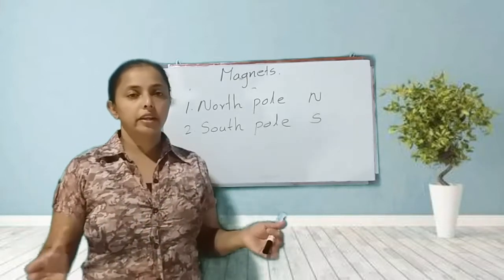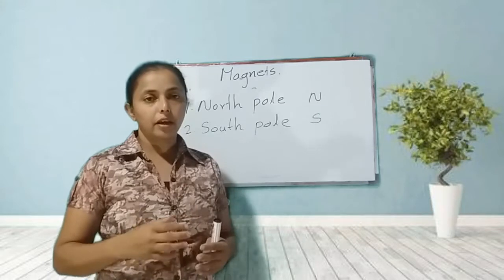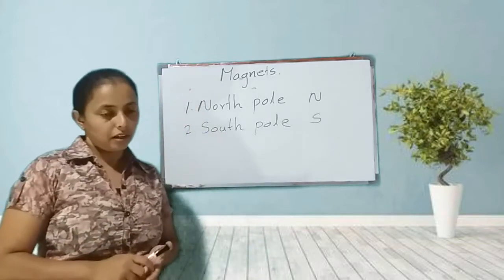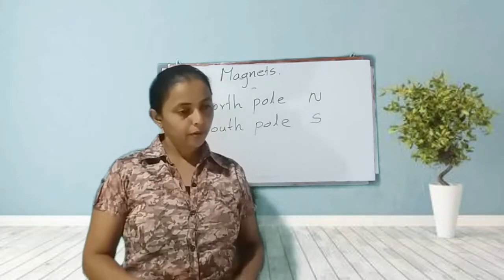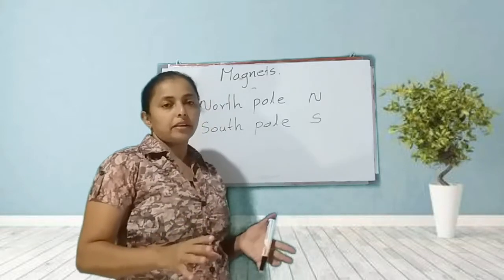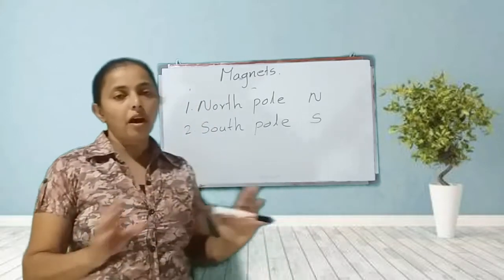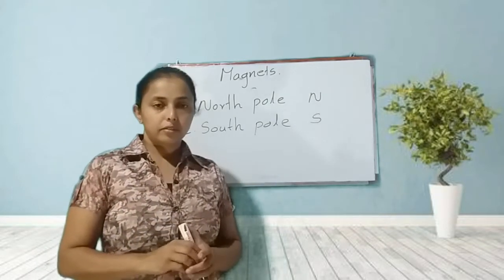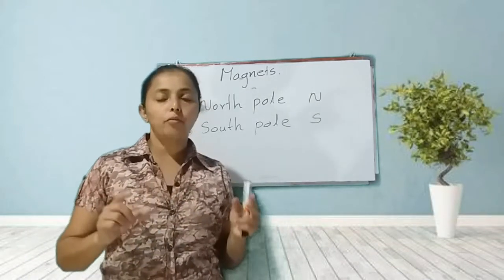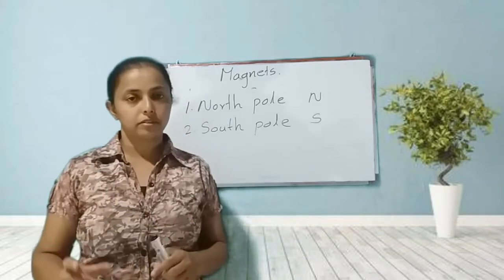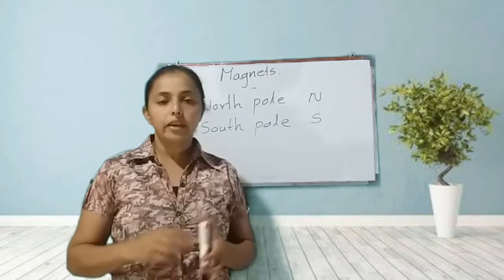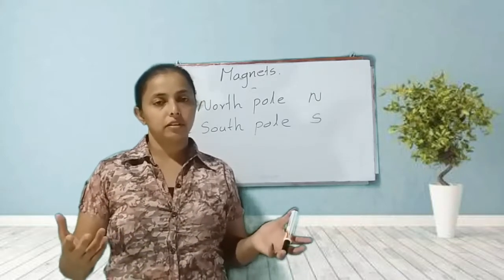If we don't know the poles of a magnet, we can use a method to identify them. In the laboratory, some magnets have marked north and south poles, but some magnets are not marked with any poles. Then we want to identify the poles.